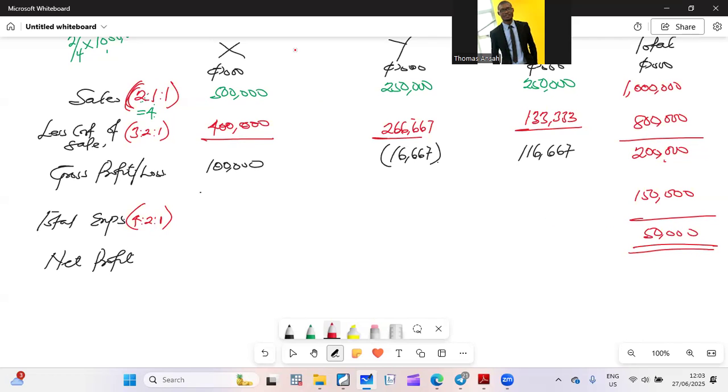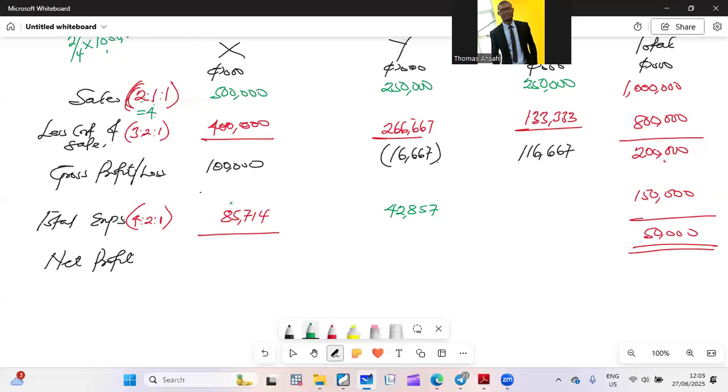For Department X it is 85,714. Department Y, 42,857.